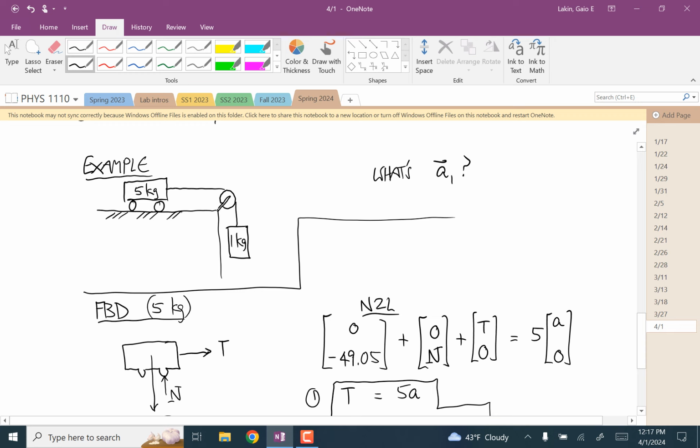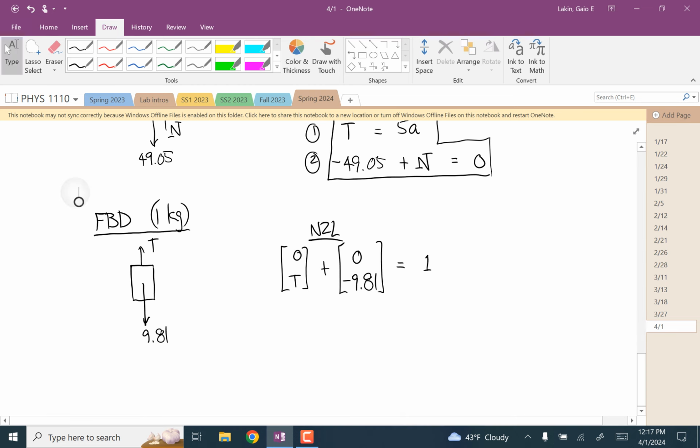Where would the hanging mass go? Yeah, it would go down, negative y. And so I'm going to write this as 0, negative a. Do you follow what I'm saying about that 1 inch motion? It tells you what axis and what the sign is that you have to represent that a for the second body.